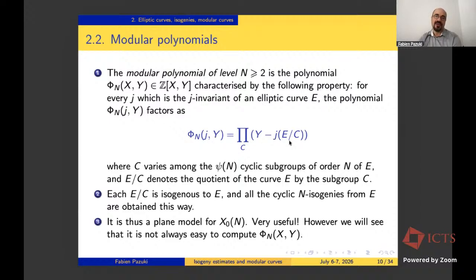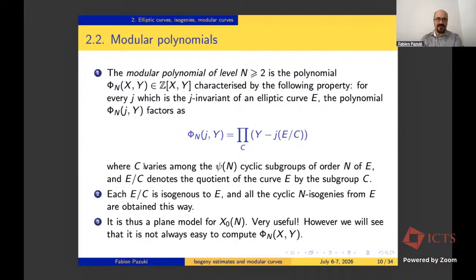factor in this way. So now what am I doing here? I'm basically forcing what are the roots. Yeah, so I construct my polynomial like that in some ways. So Phi_n(j, Y), where j is fixed, is a product of linear factors Y minus the j-invariant of E over C. So I need to explain a little bit the notation. E is the elliptic curve I start with.